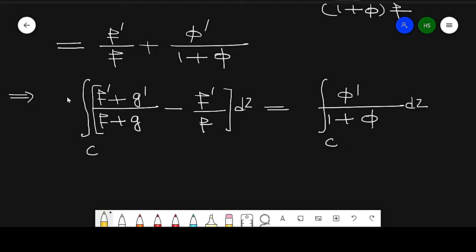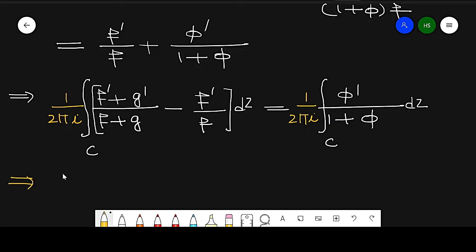now multiply by 1 by 2 pi iota, here 1 by 2 pi iota into integration of phi dash over 1 plus phi. Now substitute its value. Its value is equal to n2 minus n1.